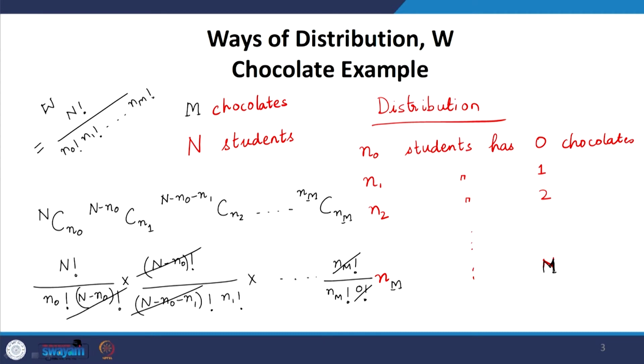So, we can take simpler examples to carry home this particular point. Let us say, for example, you have 4 chocolates and you want to distribute in 3 students. So, in how many ways we can do that? So, we can see what is the n and m here.